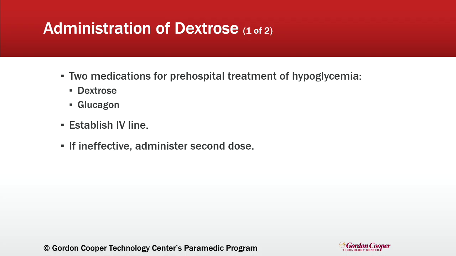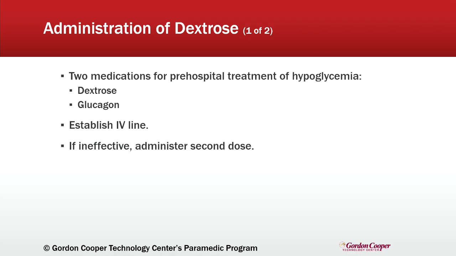Of course, when available and when necessary, dextrose will rapidly increase the blood glucose levels. Glucagon is an alternative to that, and it can treat severe hypoglycemia, mainly when we don't have access to good intravenous access. Just remember, glucagon is going to take a little bit longer to act.